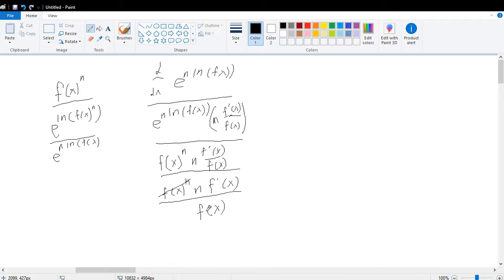These are going to cancel out, or at least this is going to drop down a level, so n becomes n minus 1. So now we have f of x to the n minus 1 times n times f prime of x.